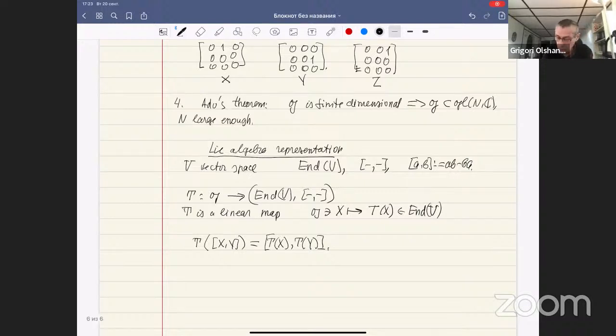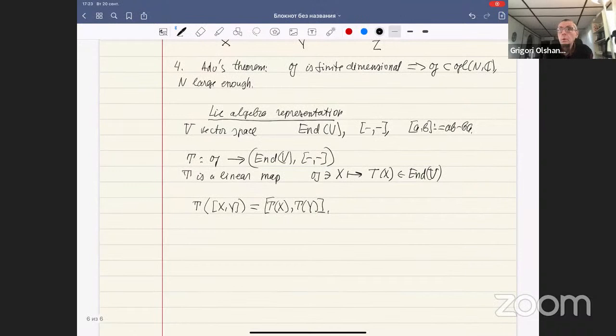And the next observation is that to any Lie algebra, we can assign some canonical linear representation, which is called the adjoint representation. Namely, we have some Lie algebra G, and we take as V, G itself.